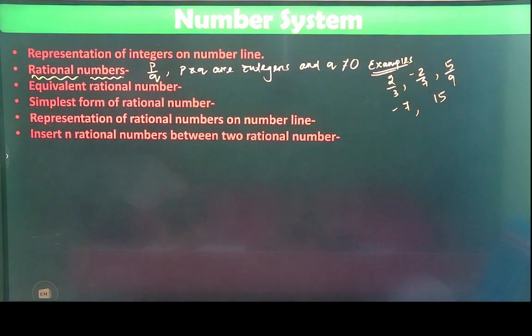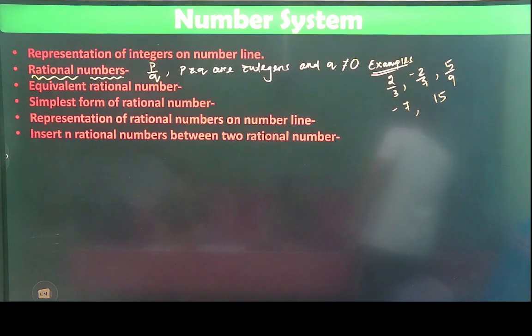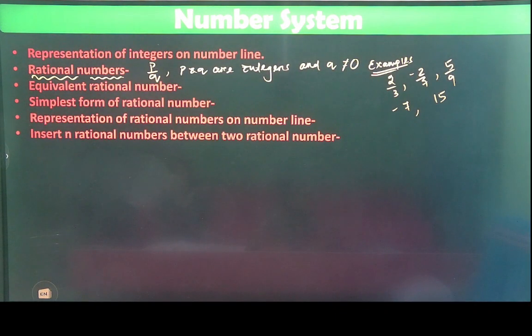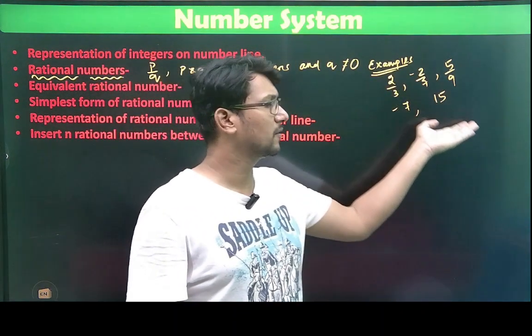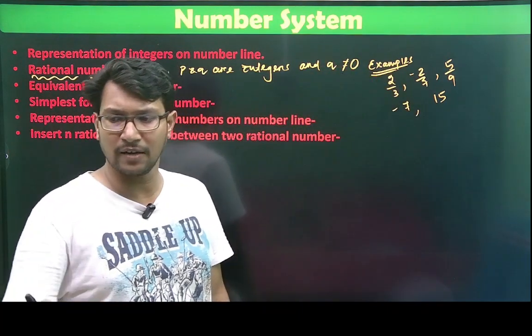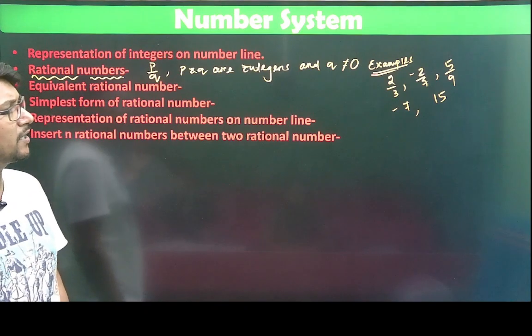So every rational number can be expressed in P by Q form, where P and Q are integers and Q is not equal to 0.